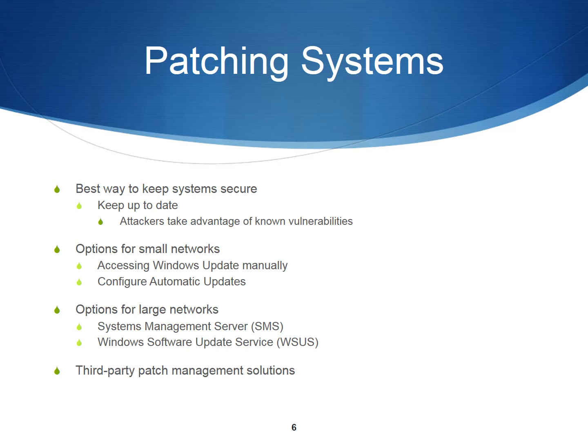However, for large networks, the Systems Management Server, or SMS, and the Windows Software Update Service, the WSUS, can handle downloading the patches once and then disseminating them throughout the network as required, instead of every system needing to download them. There are also some third-party patch management solutions available as well. You can simply do a web search to find them.